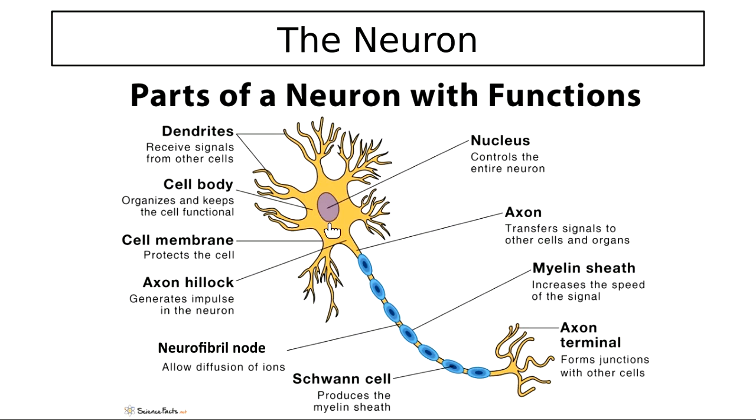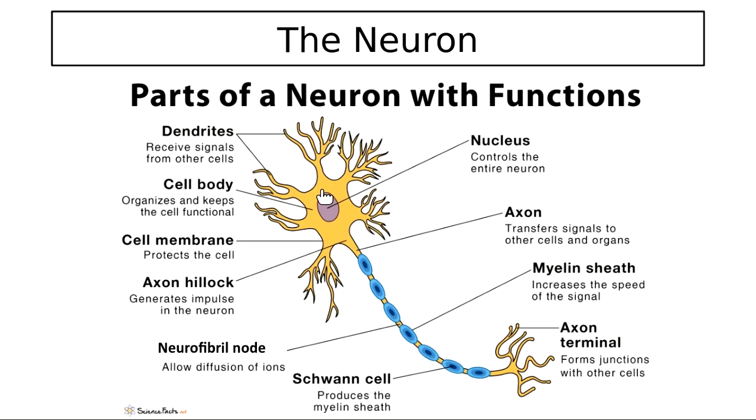So this is the main portion that contains the nucleus. You have Nissl bodies in your notes, like I told you, rough endoplasmic reticulum and free ribosomes, the sites of protein synthesis. Neurofibrils, the microtubules, are for support and transport of materials. So that's all in the cell body.